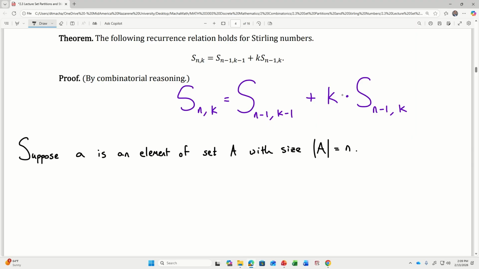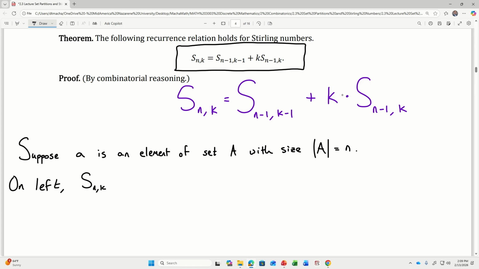On the left side of this equation, the Stirling number S(n,k) is the number of partitions of A with k blocks.